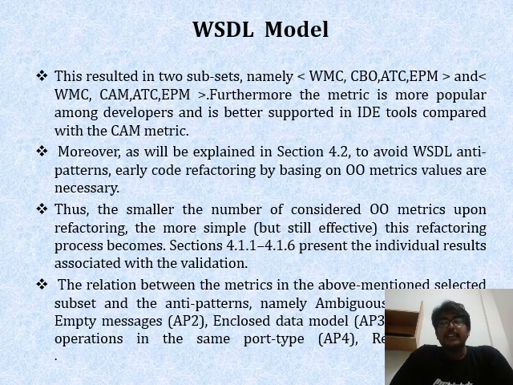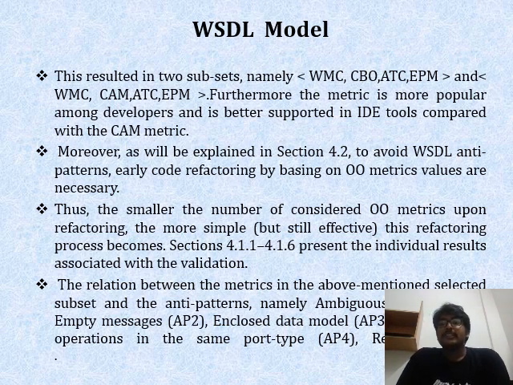And here, mainly this is the important topic on the WSDL document, and this is the WSDL model. So in this model, the WSDL model resulted in two subsets, namely WWC, CPO, ATC, and EPM, and WWC, CAM, ATC, and EPM.